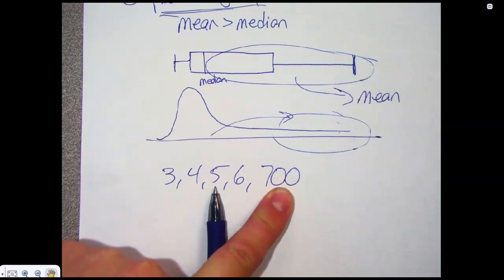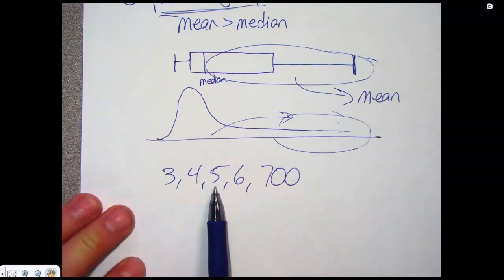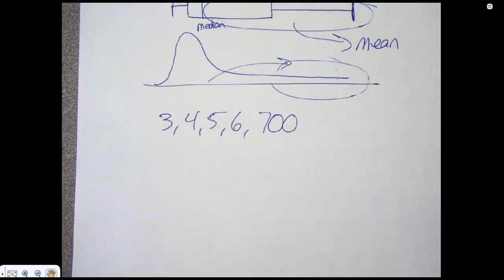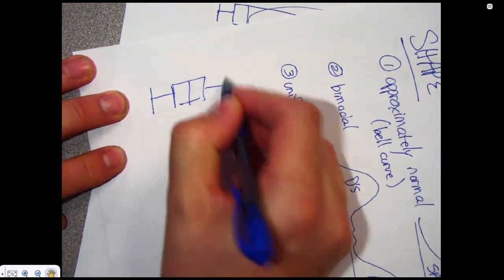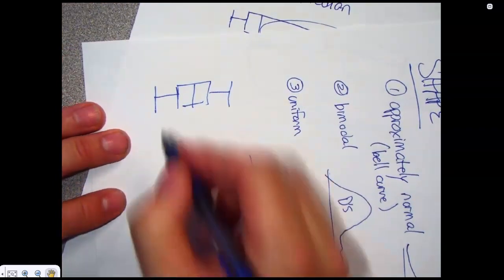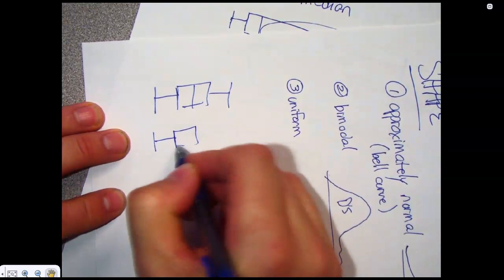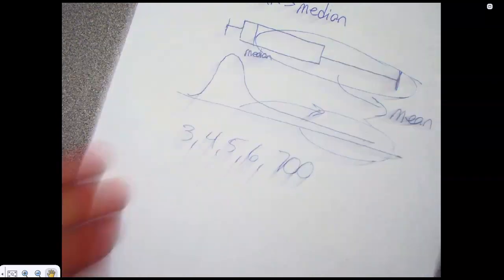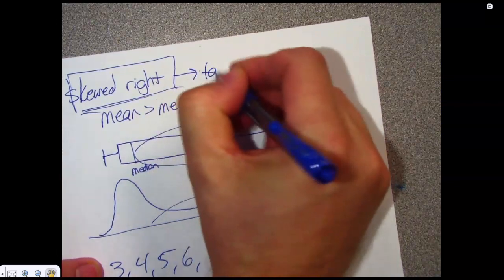So that's what skewed right is. That first box plot I made, the 3, 4, 5, 6, 7, would look like this. But then when I put that 700 there, all of a sudden we're like, woo! And this is what pulls the mean up. So skewed right, another way to say that is the tail is on the right.